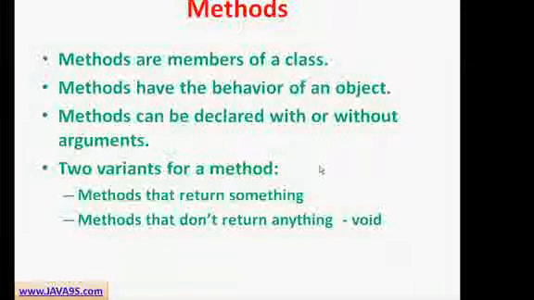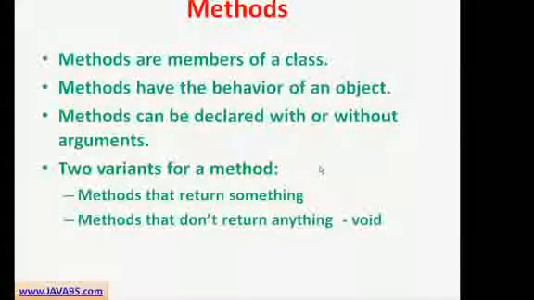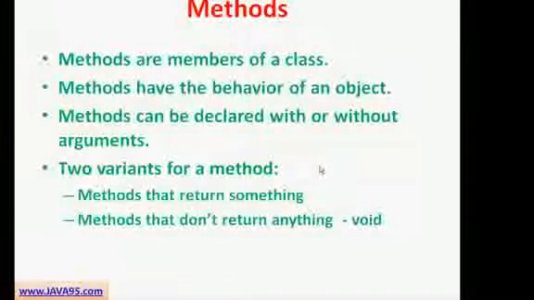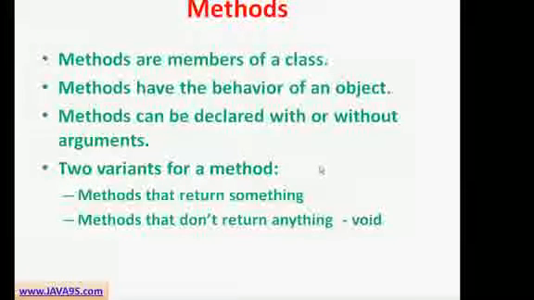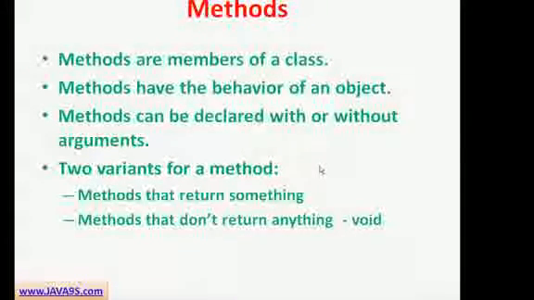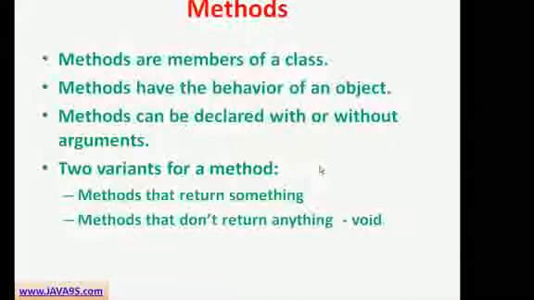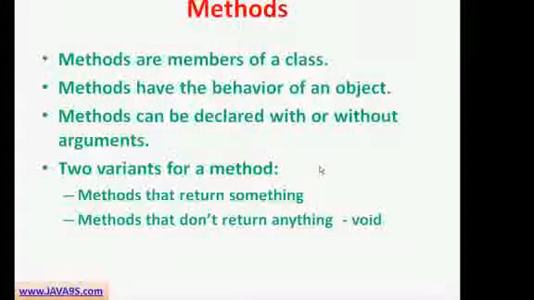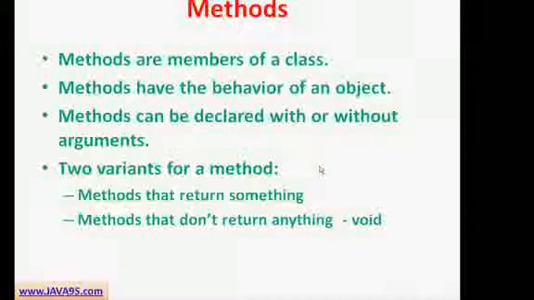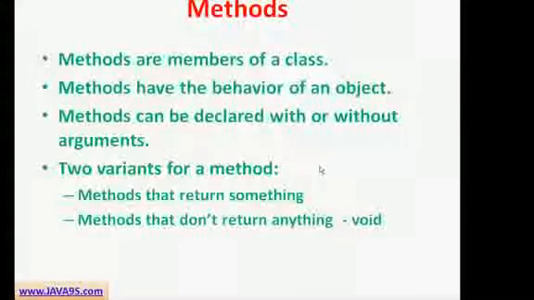They are called void kind of methods. It is something like this: you have a friend sitting next to you in the class, and you ask him, hey, can you please get me that book? And he's going to get some book for you. So you're asking for something in return. And sometimes you can ask your friend to close the door. Hey, can you close the door? He's just going to close the door.